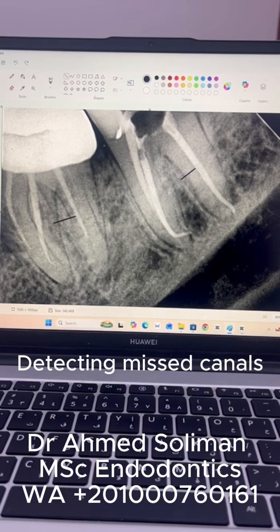So to sum it up, you have your root, you go to the middle third in the periapical X-ray, you measure from the very beginning of your root to the very beginning of the canal, and you measure from the other side of the root to the very beginning of the canal from the other side, and you see if they match each other, like this one here.